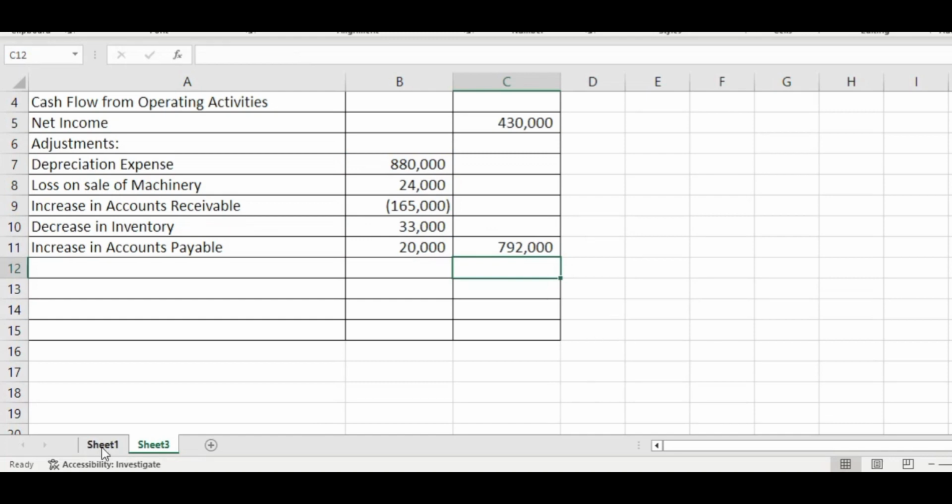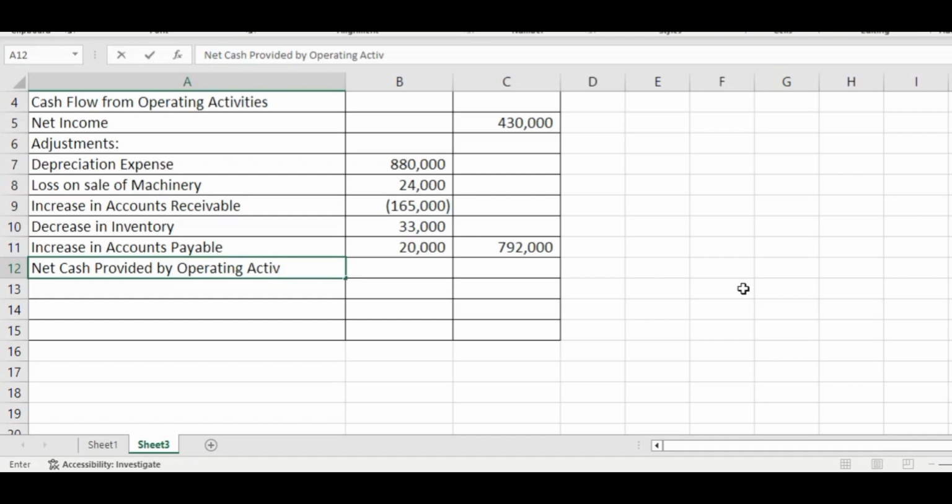The total adjustment amount is 792,000. If we add this figure with net income, then we will find the net cash provided by operating activities.